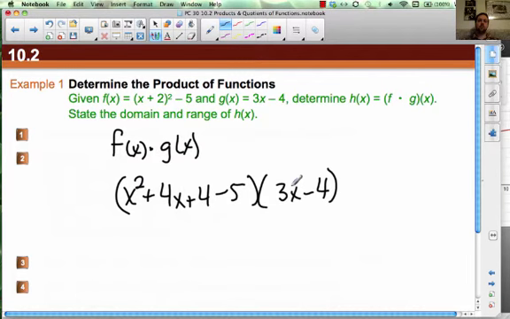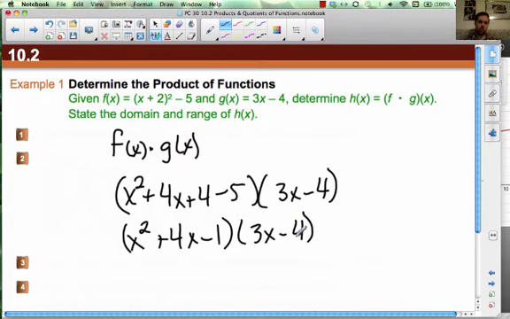You can already see that this thing is going to be cubic because we're going to multiply an x squared by an x term. I'm going to simplify this a bit more and then continue with the multiplication. So plus 4 minus 5 is minus 1.